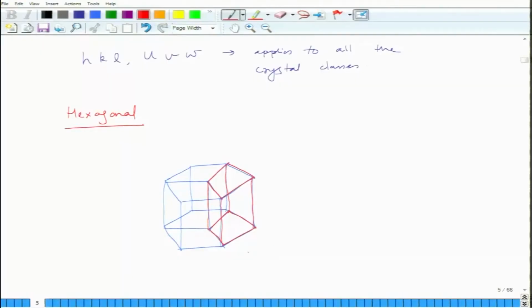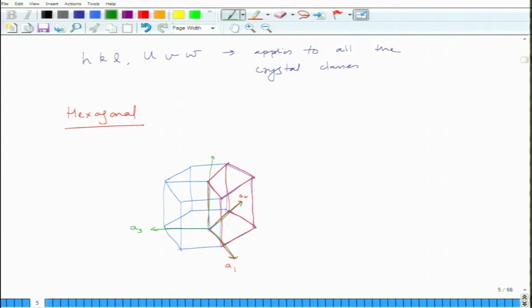However, what we can do here is the following. If I take this as an axis A1 and this as an axis A2, then there is a third axis in this direction, which is A3, and of course, the fourth axis remains this one.